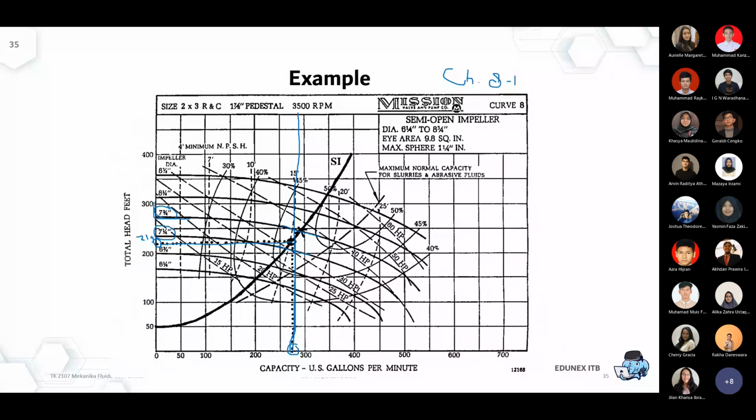So to answer the first question, you have to pick the diameter from the curve, which is 7¼ inch.